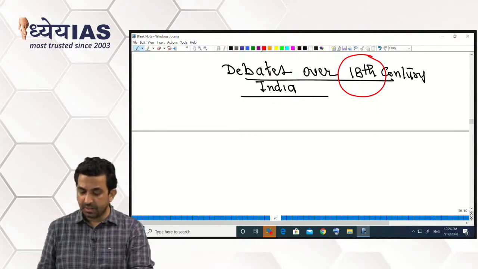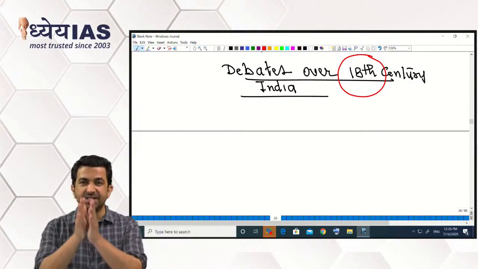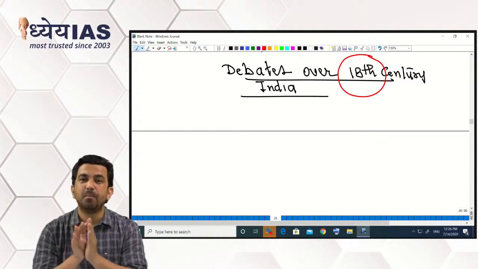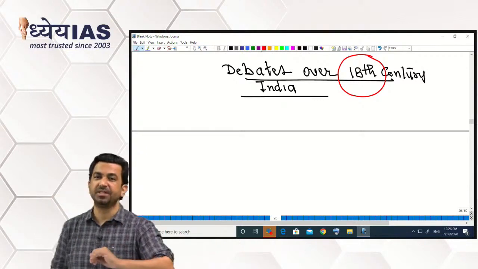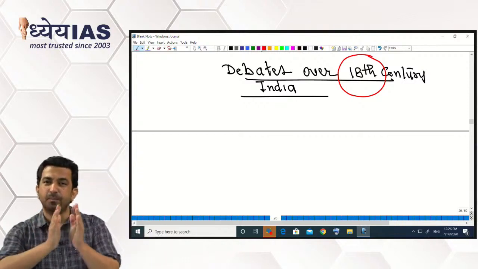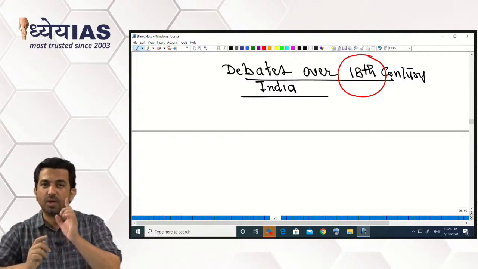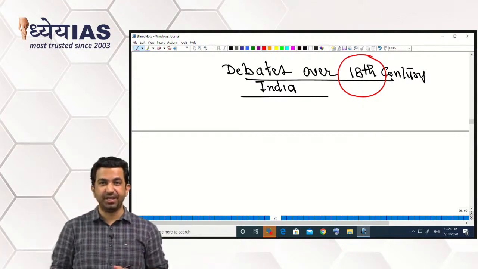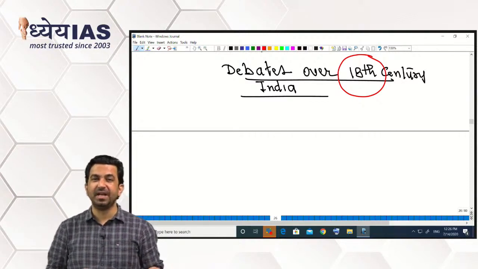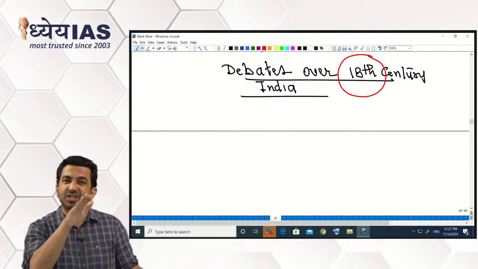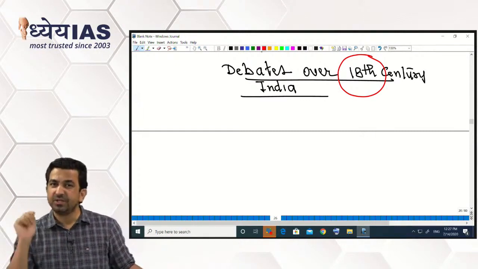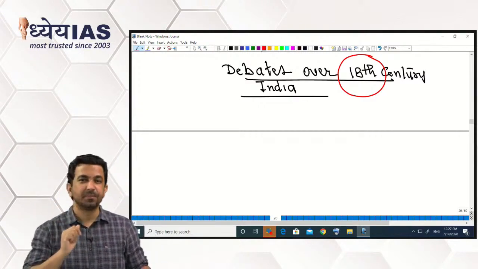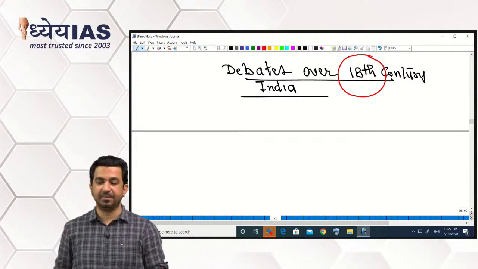To separate the medieval and modern ages, we have taken another segment called the pre-modern age, which means 18th century India. In 18th century India, the medieval age was ending and the modern age was beginning. So the 18th century was a century of transition between medieval India and modern India.